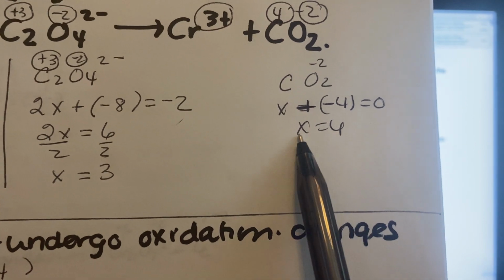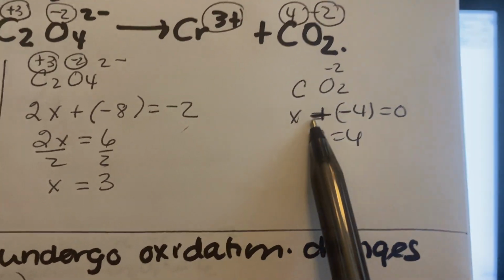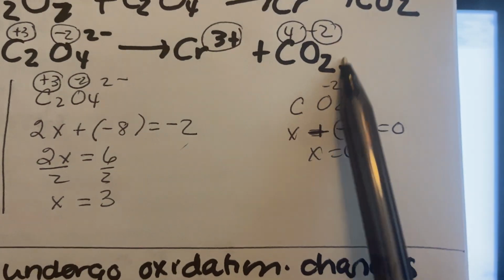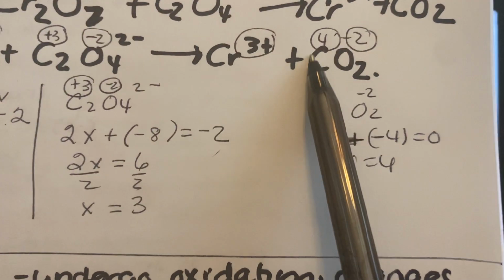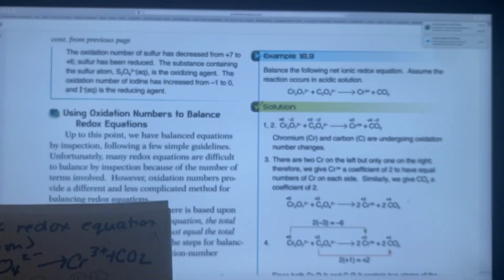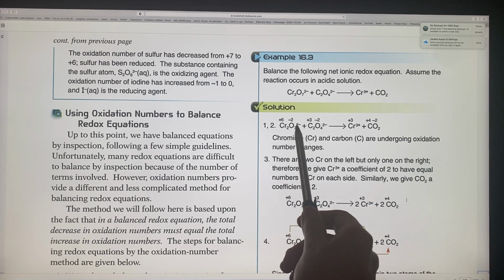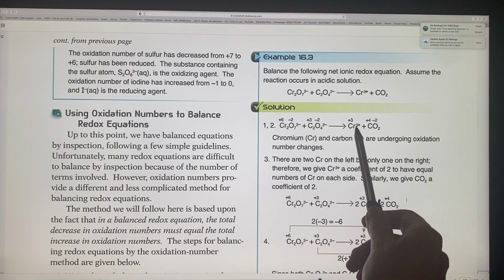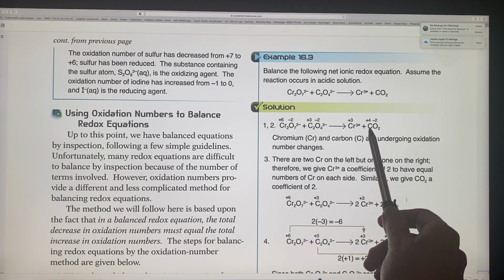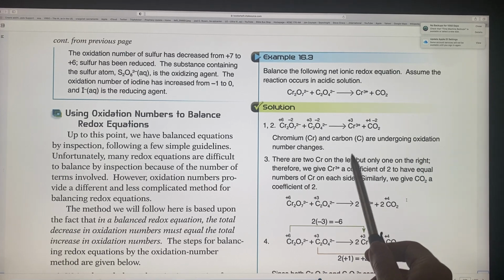So x equals 4, because they have to equal 0, which is no charge, so carbon would be 4. That's how I got those numbers, what we did before. So here we have the numbers 6, negative 2, 3, 2, 3, plus 4, negative 2. We already figured these out.